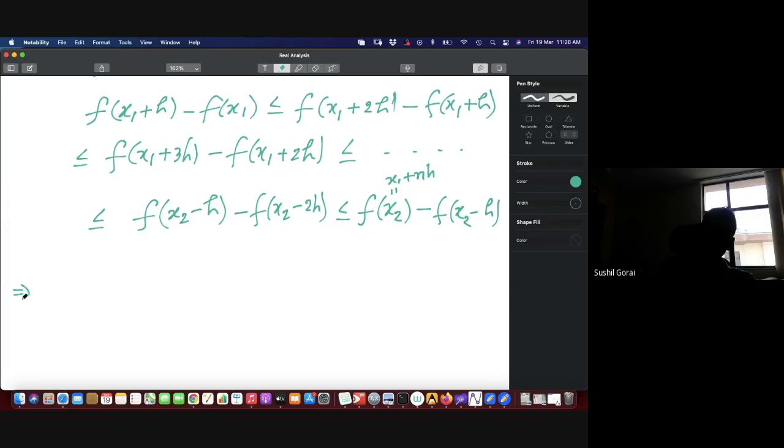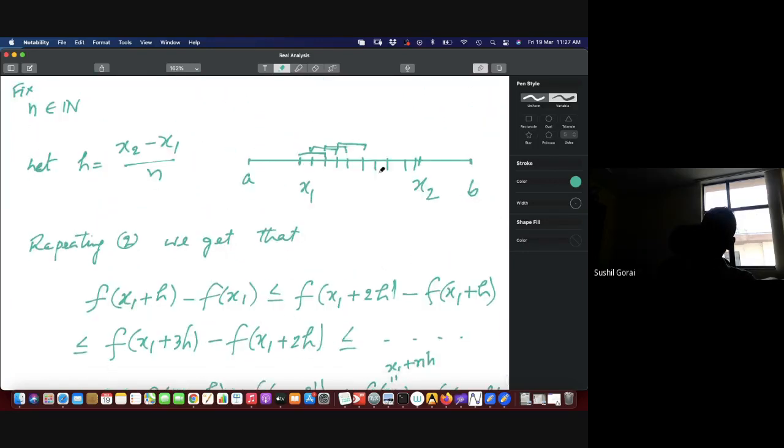Now from here, (f of x1 plus h minus f of x1) by h is less or equal to f of x2. We will actually go up to x2 plus h, a little bit more here, to make things proper.